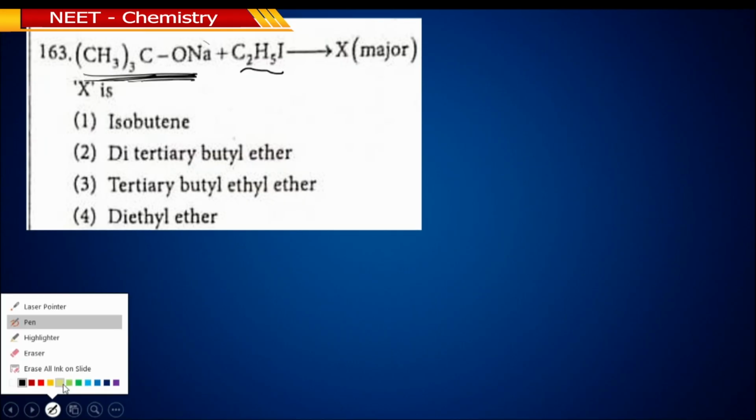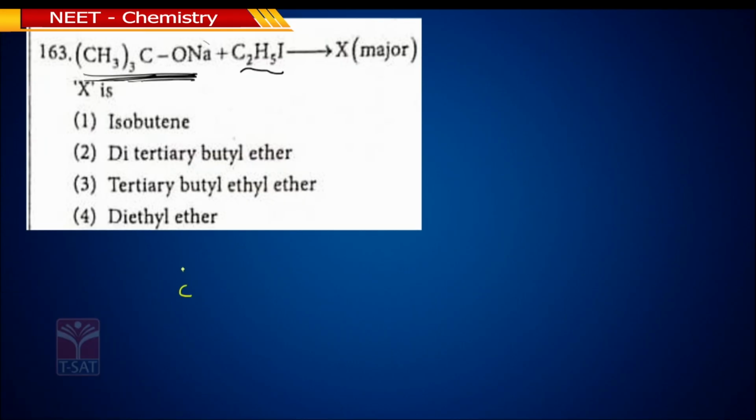It is a very simple reaction. I will be expanding this structure: CH3, CH3, CH3, C, O, Na, sodium alkoxide. This is known as tertiary butoxide.